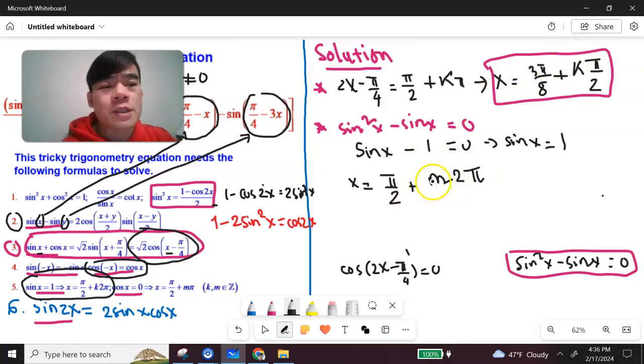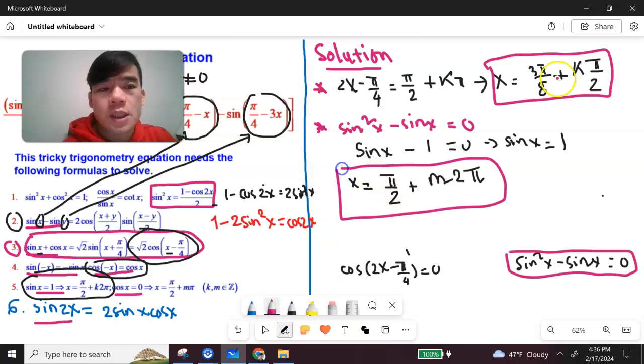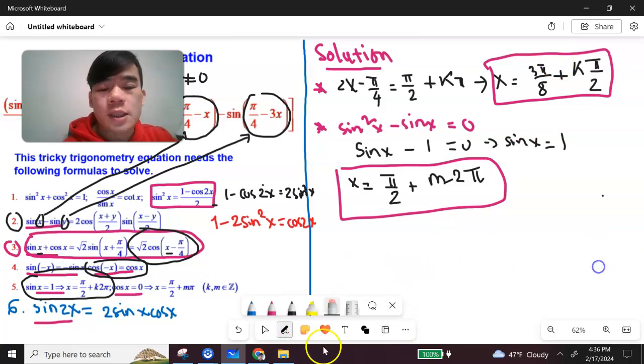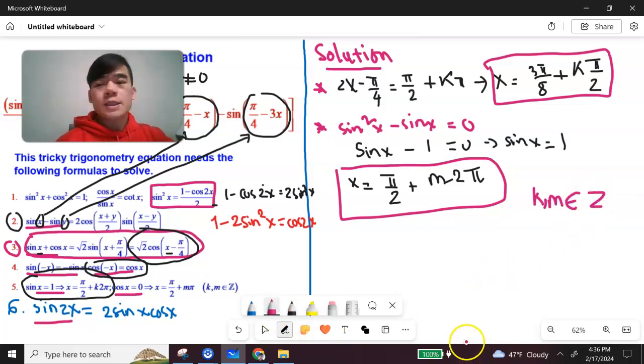You can use whatever letter, but it should not be the same as the first one. So this is the second solution, and I just box this one. This is the second solution, and this is the first solution. And note that k and m should be integers.